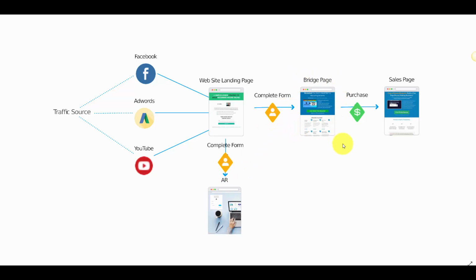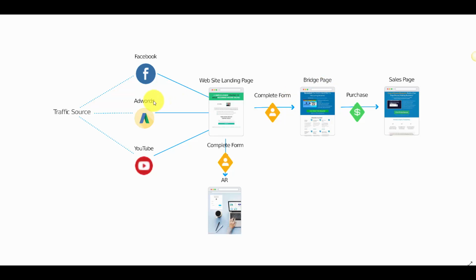And the purpose of the bridge page is basically to give the visitor more concrete information about the product for sale on the sales page, so that if they're interested and they click through to the sales page, everything is congruent.